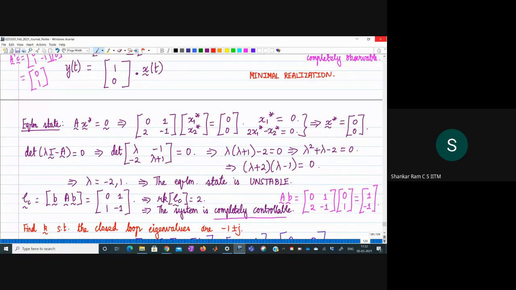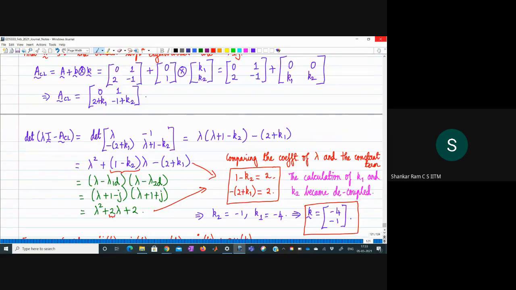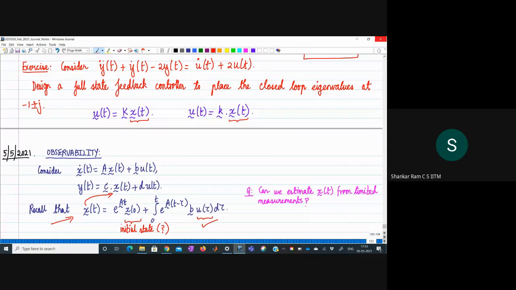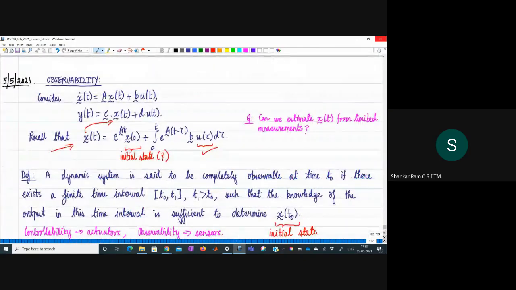Okay. So this is how we calculate or evaluate the observability of a system. So once again, to summarize, observability has to do with whether we can get knowledge of the state variables from limited measurements. Okay, so that is the physical perspective, right?